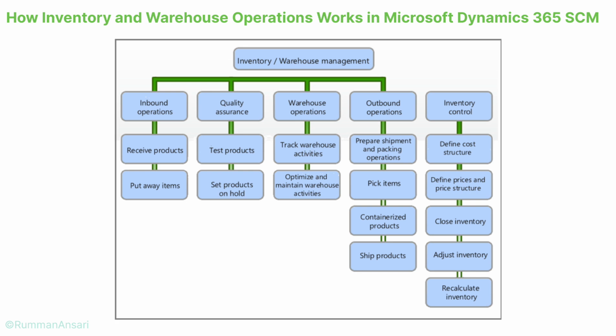So these are all functions related to outbound. What does that actually mean? It means outbound involves order fulfillment, selecting items from storage, picking them, optionally containerizing those products which require it, and shipping to the customer.